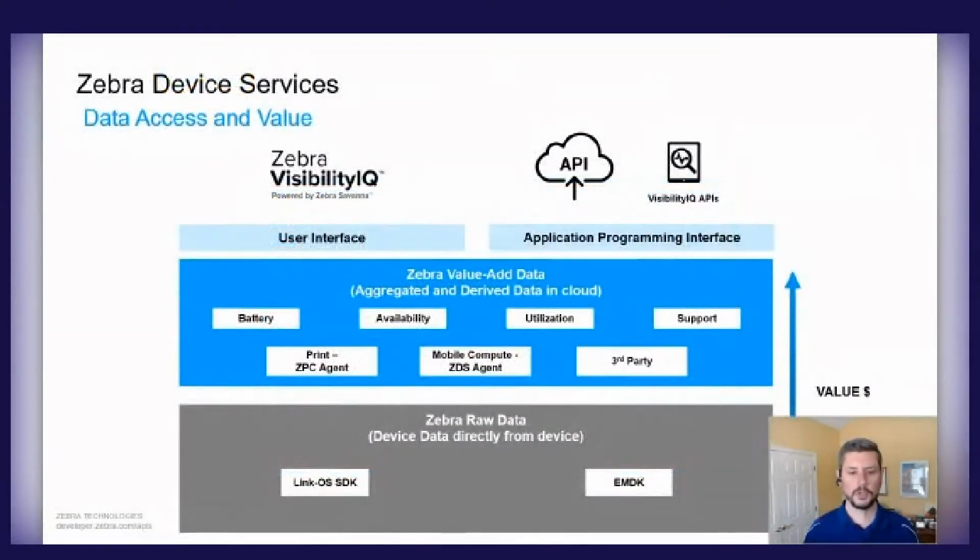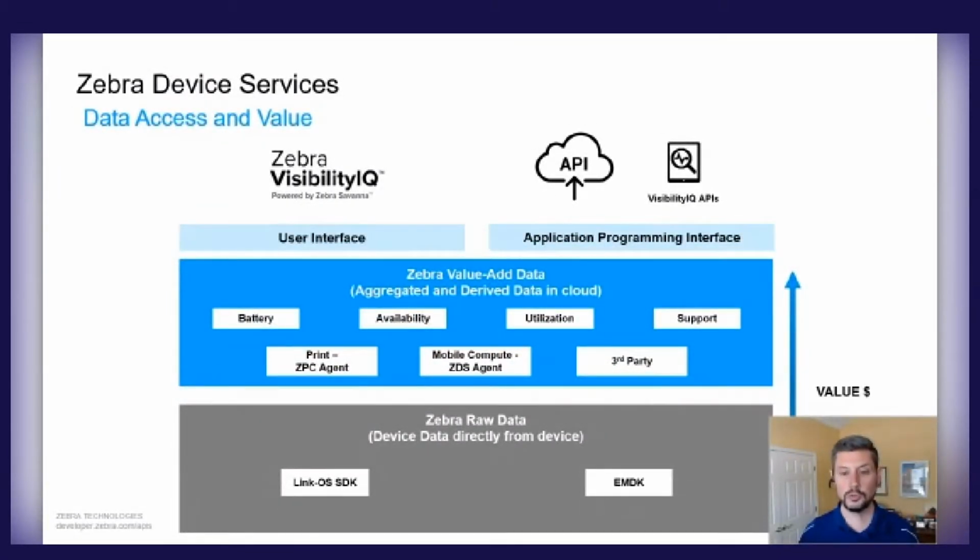So overall, when we look at the system that we have, many of you, I know I was in on Darren's talk earlier, many of you are using some of those tools that talk directly to Zebra's devices, whether it's the EMDK or other tools. On the print side, the LinkOS SDK.